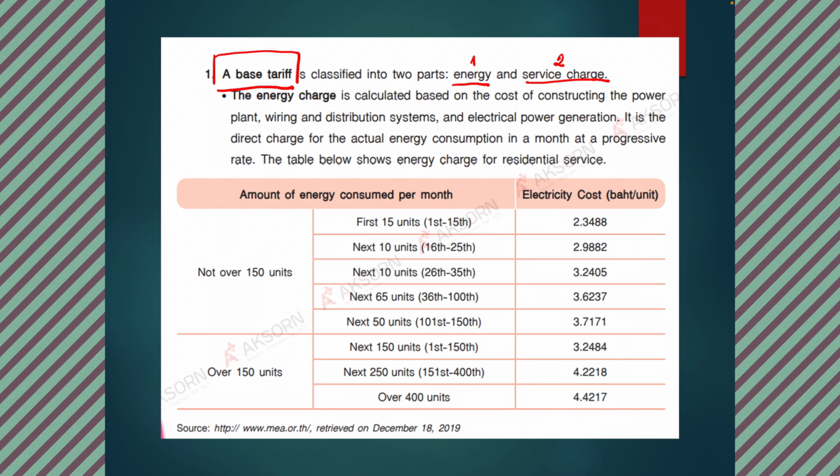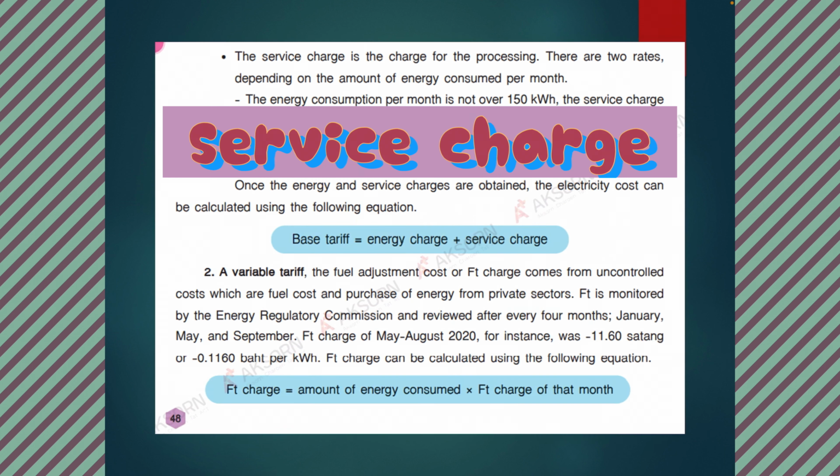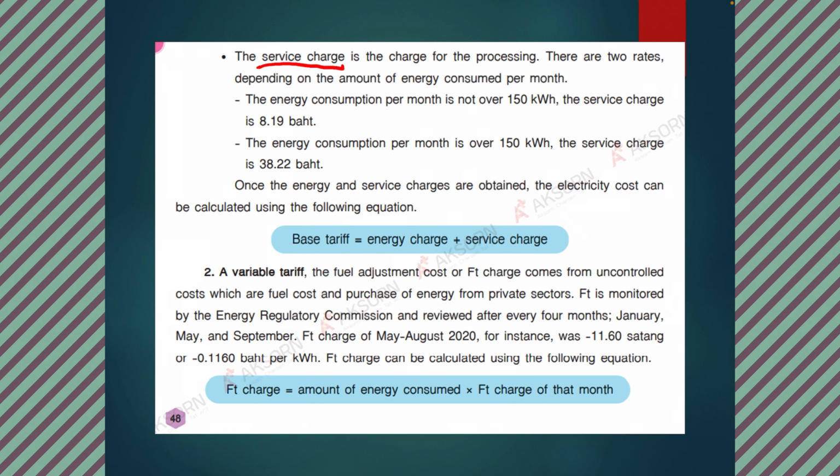Did you understand? Now let's move to the service charge. The service charge is the charge for the processing. There are two rates depending on the amount of energy consumed per month. If the energy consumed per month is not over 150 kilowatt hour, the service charge is 8.19 baht.